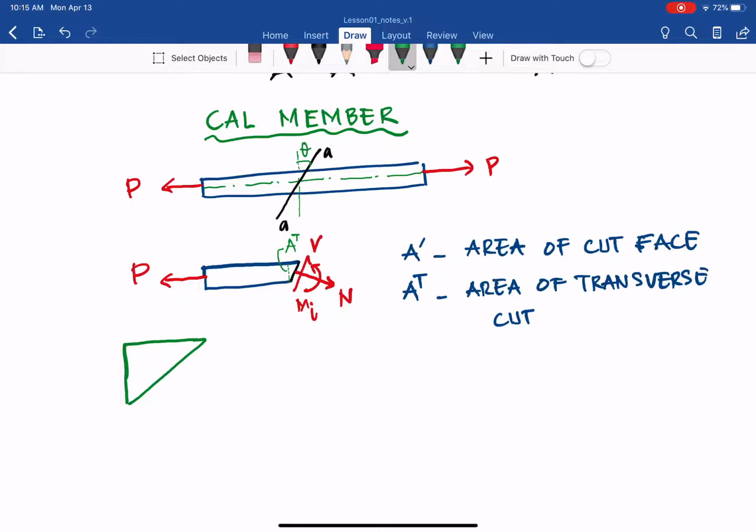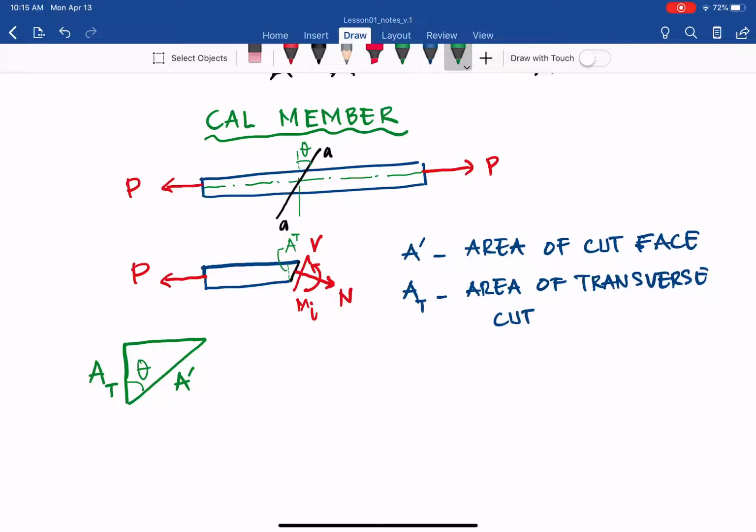You can see the areas we have: AT, and then the area of the cut face, A apostrophe, and the angle theta measured from the transverse cut to the cut AA.